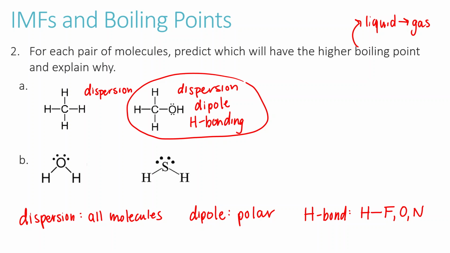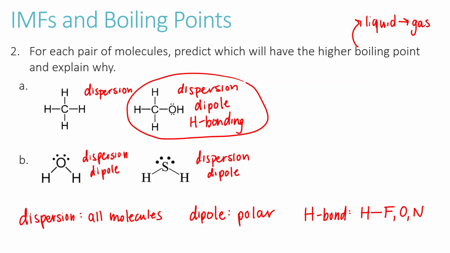So these are both molecules. They're made of nonmetals. So these are both going to have dispersion forces. These are also both polar. If you cut them in half, the two halves are not the same. So we have dipole-dipole interactions as well.